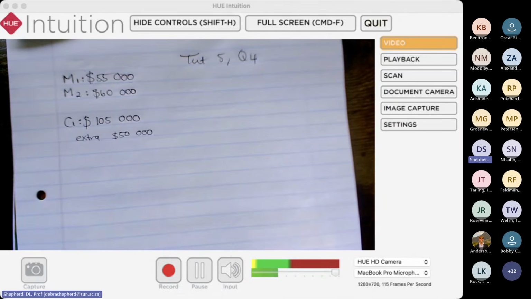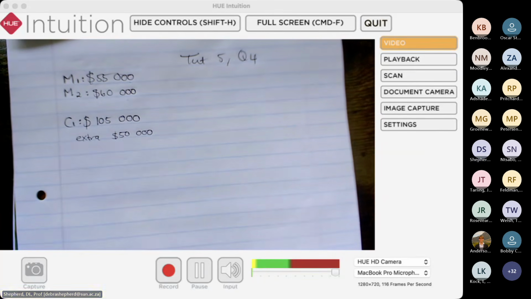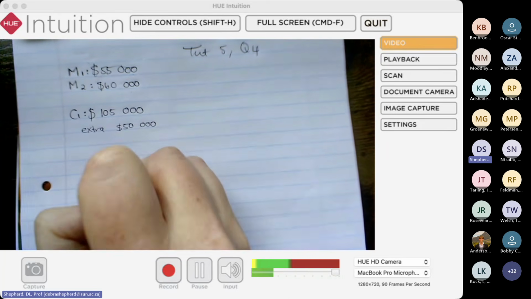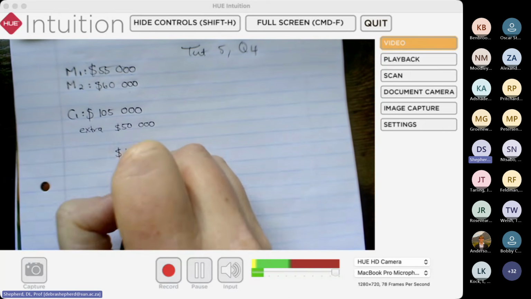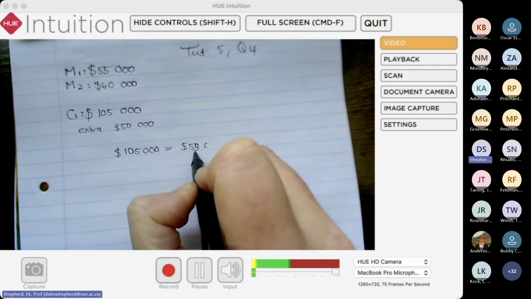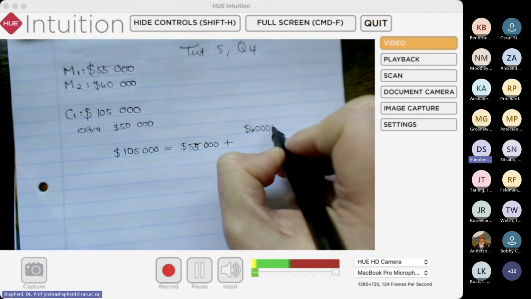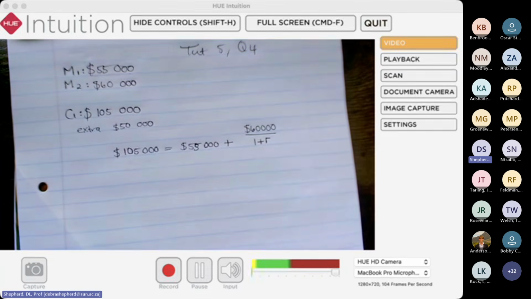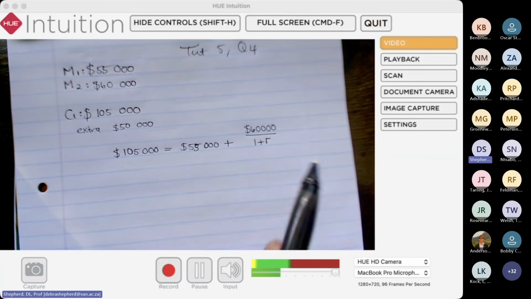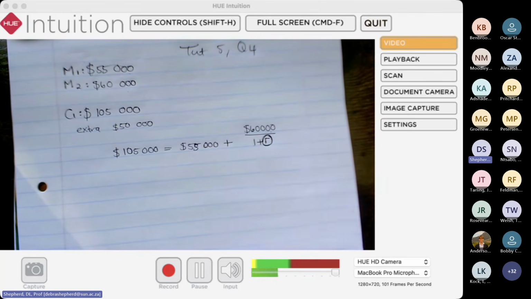That $50,000 will be her $60,000 of the future, discounted by some maximum interest rate. So $105,000 is equal to current income of 55,000 plus future income discounted by some interest rate. So we're dividing 60,000 by 1 plus R, and R is what we are trying to solve for.